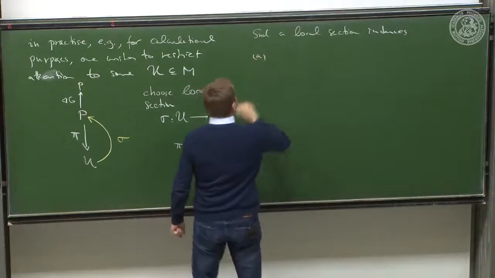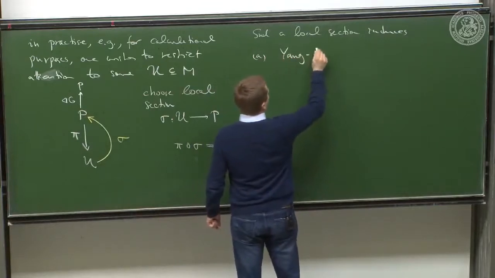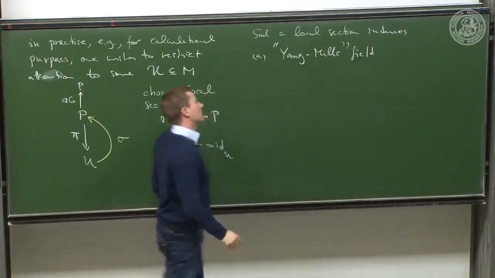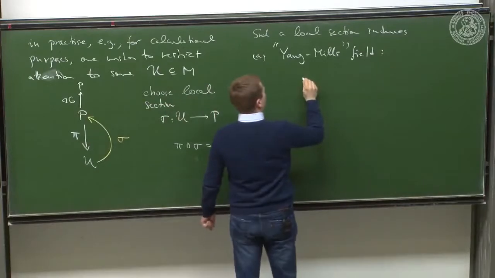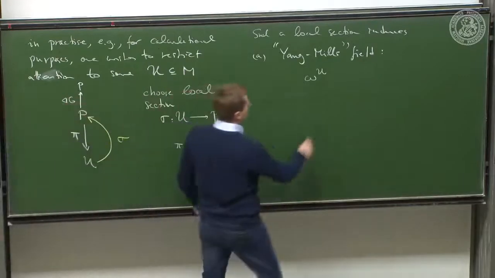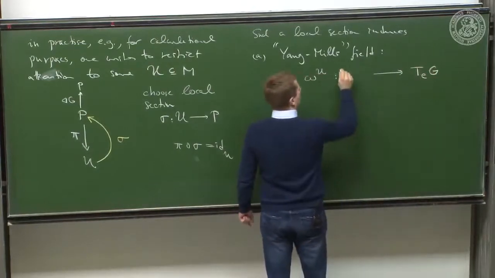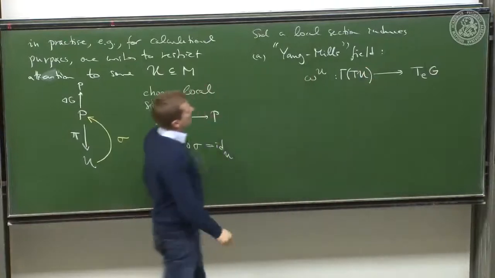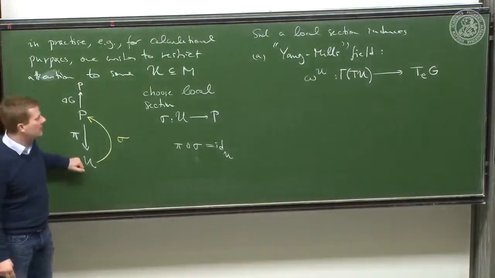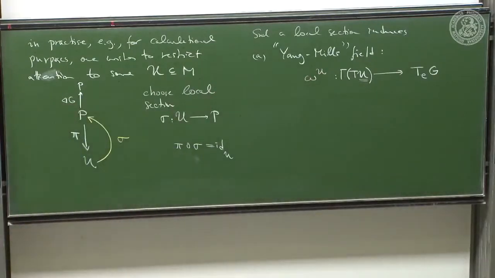It induces, first of all, a so-called Yang-Mills field, again in quotation marks, which we call omega U, where the U refers to this region here, which is now Lie algebra valued, or it's still Lie algebra valued, but it's now only a one form on this local patch on the base manifold.